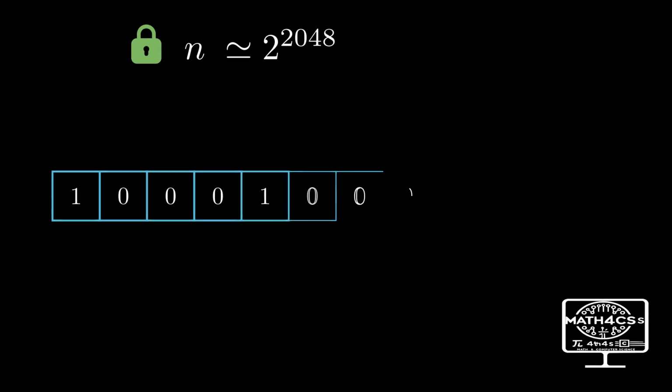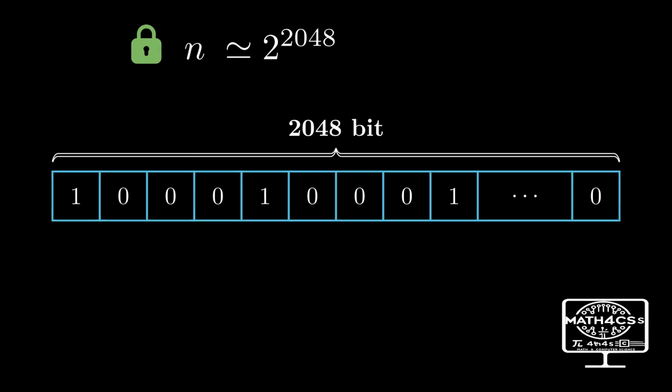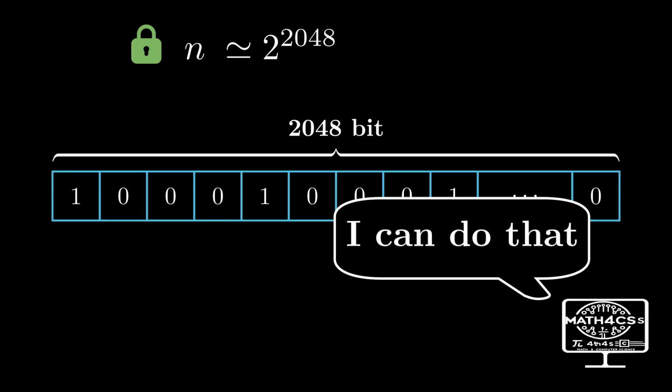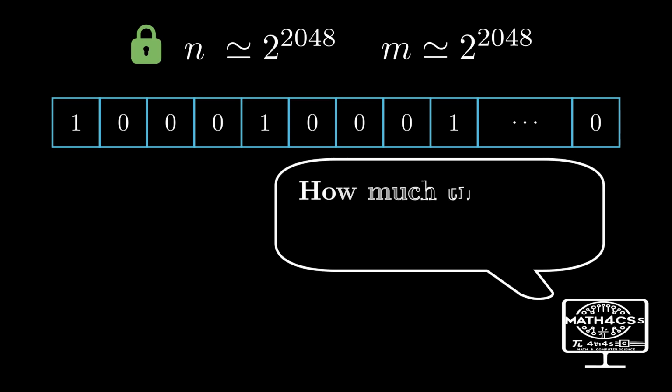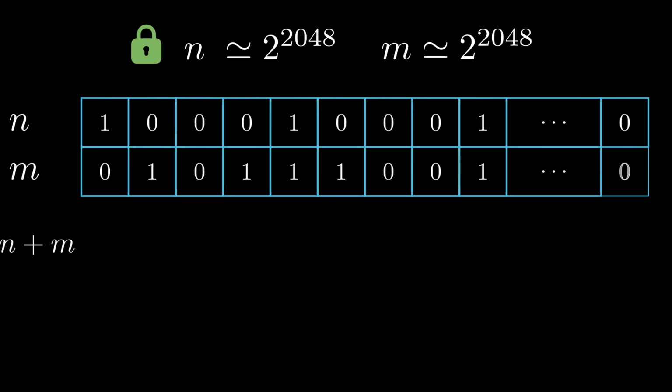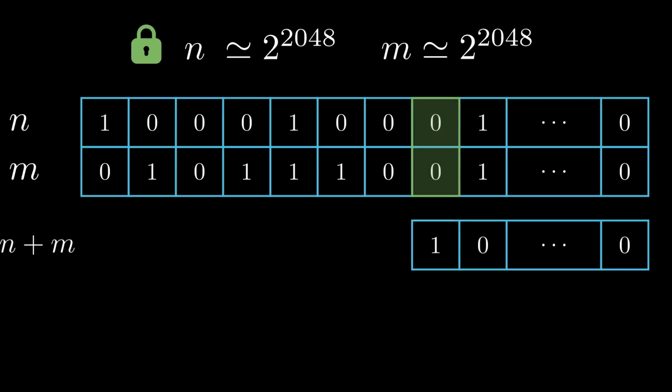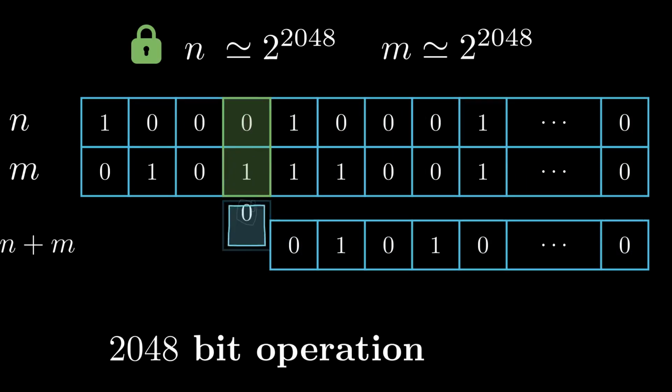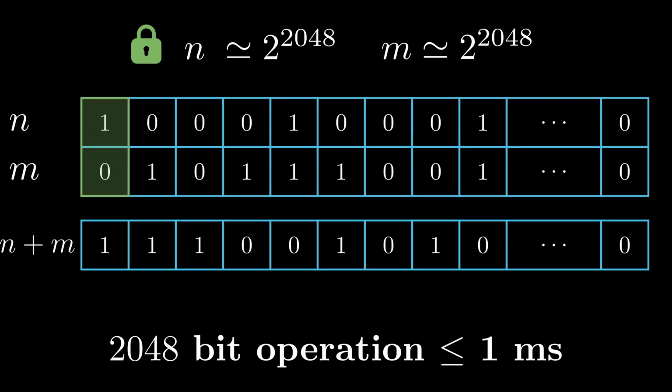To store the number 2 to the power 2048, a computer needs only 2048 bits. How much time does it take to sum two numbers of this size? To sum these numbers, a computer needs to add the bits one by one. This will take 2048 operations, which take less than a second. What about multiplication?